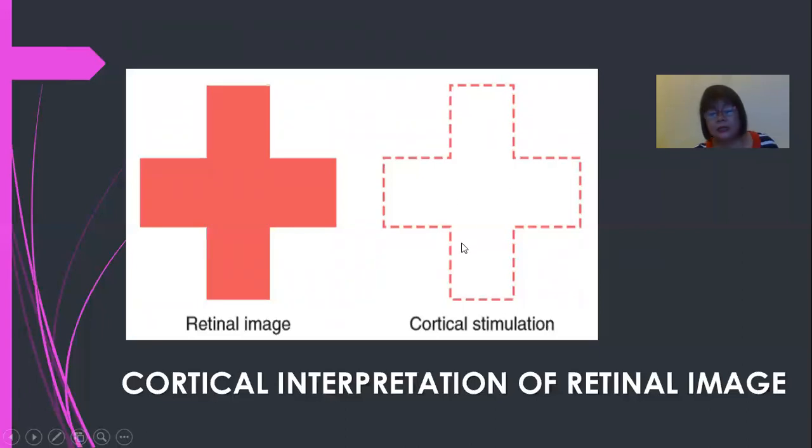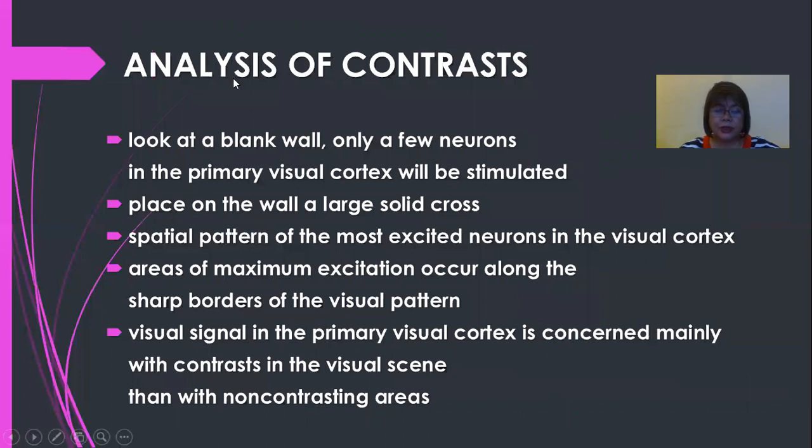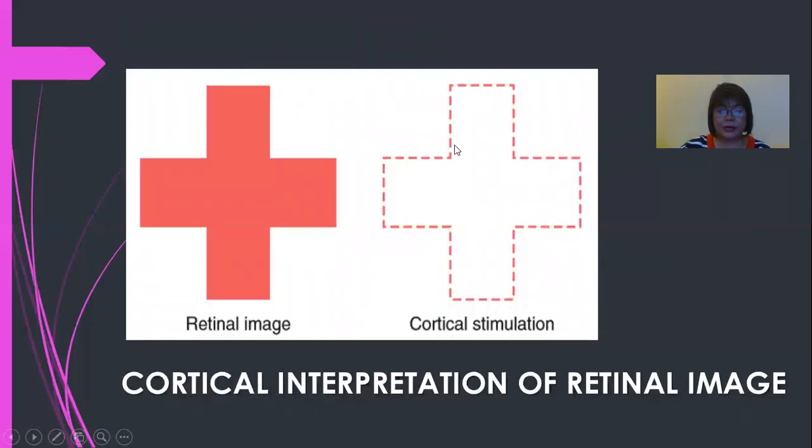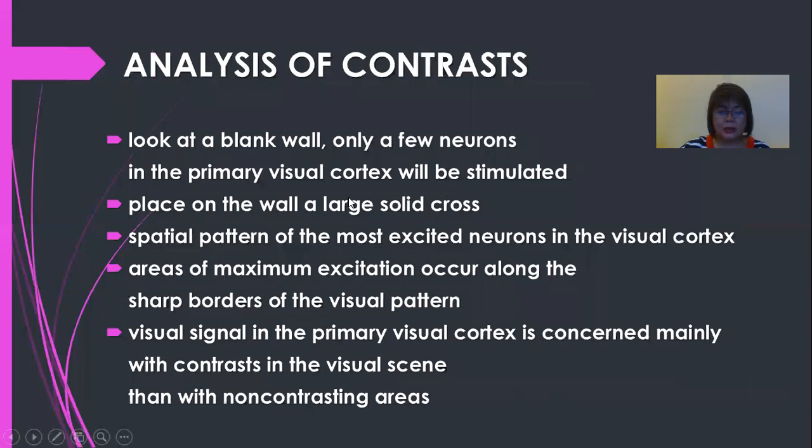So that is what the secondary association areas do. They will now interpret it as it is seen by the retina. So there is contrast, okay? Analysis of contrast is done first in the visual cortex here. There's contrast between the borders and the background, okay? There, analysis of contrast.